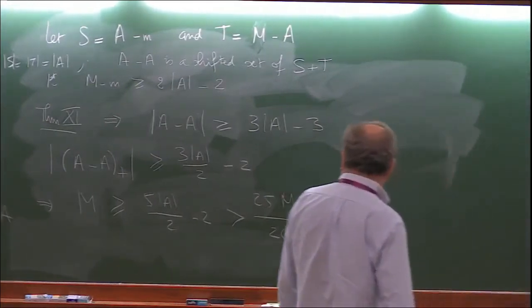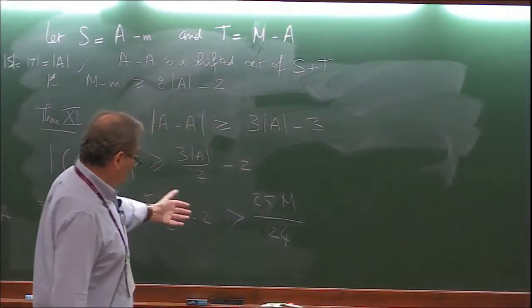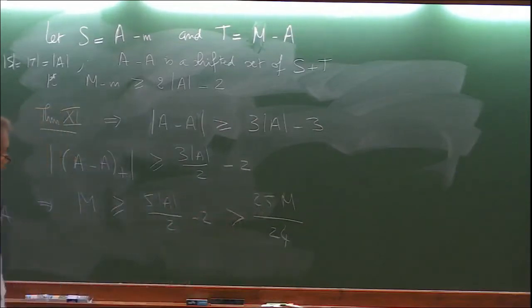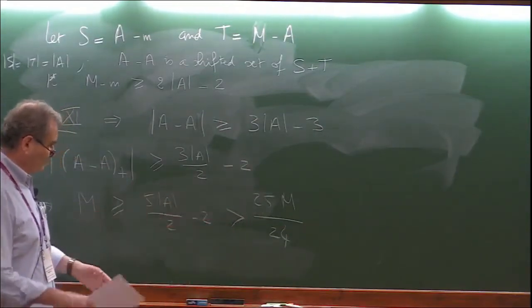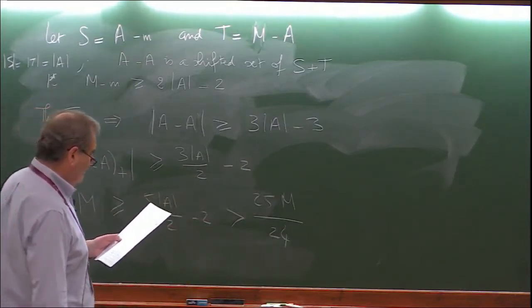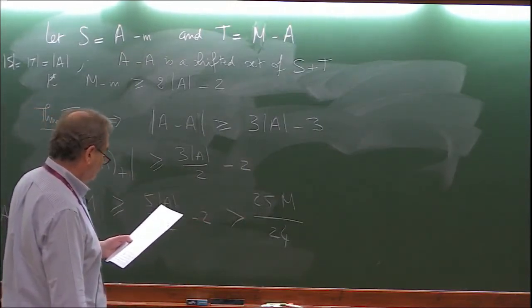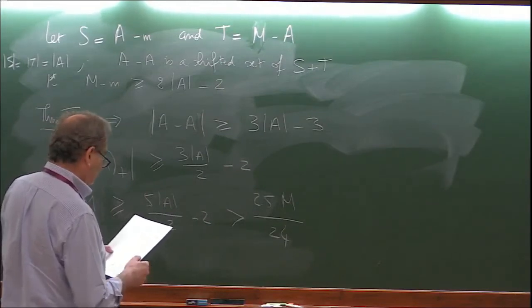So when you have something which is 5a over 2 minus 2, maybe up to big O of 1 or something like that, then you are happy because it tells you something about the size of m, and you get a contradiction. What is the contradiction?